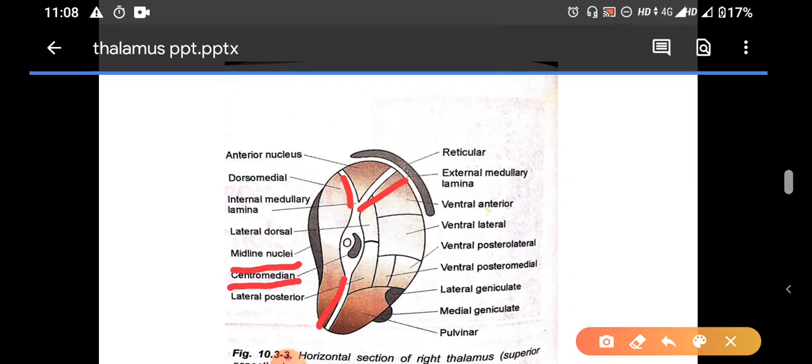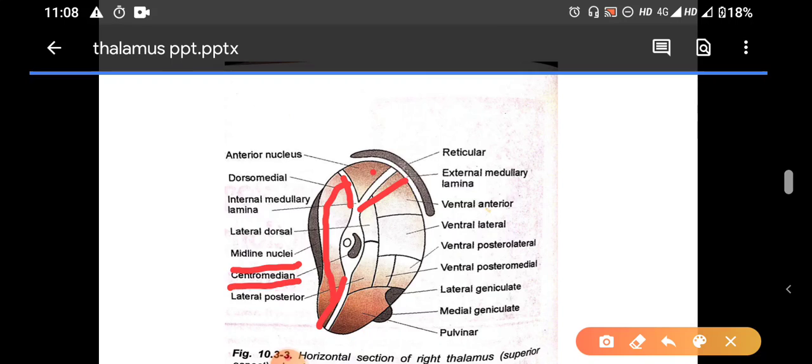So these are the non-specific projection nuclei. Then come to the anterior nucleus, which is present in the bifurcation of the Y-shaped internal lamina. Then on the medial side, this is the dorsomedial nuclei. So we have the anterior group of nuclei, then the medial group of nuclei.